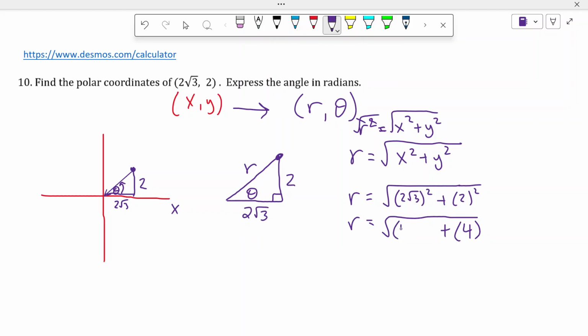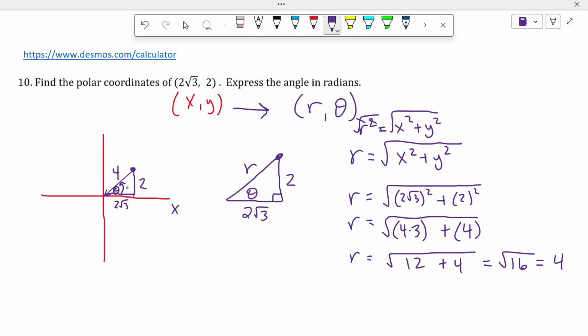So 2 times 2 is 4, but that's multiplied with a root 3 times root 3, which is actually normal 3. So here we go. Our r is the square root of 12 plus 4, which is conveniently the square root of 16, because that's just regular 4. So there's our radius. The radius for this, the hypotenuse, would just be 4.